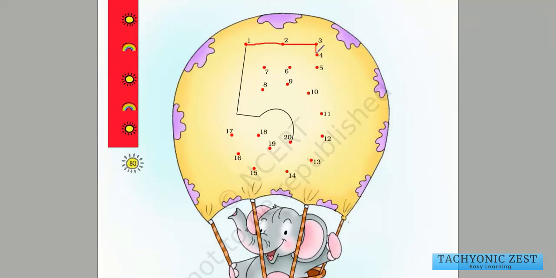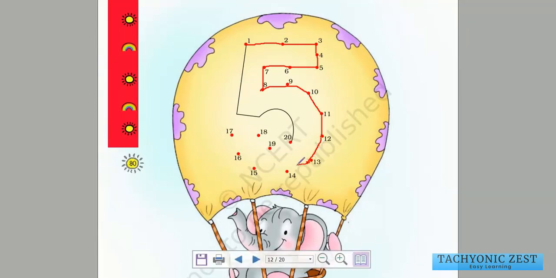Okay, 4 is here, then 5, then 6, then 7, then 8, then 9, 10, 11, 12, 13, 14, 15, 16, 17.